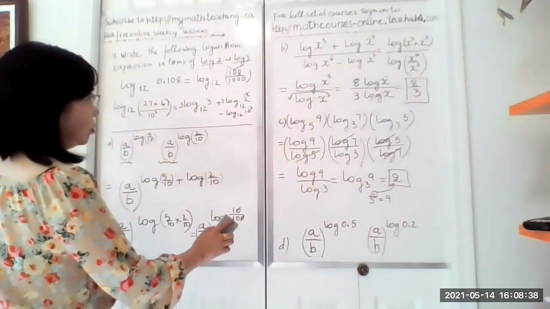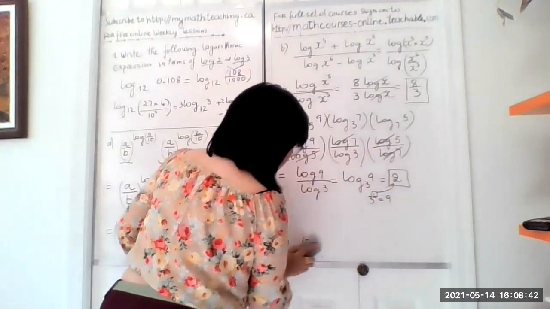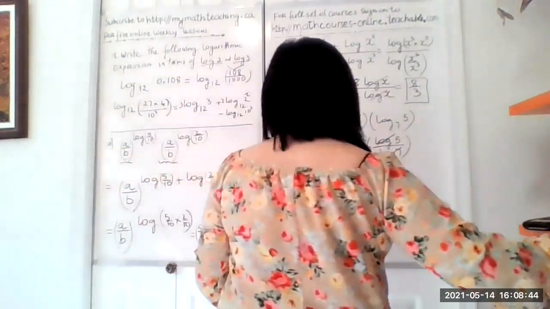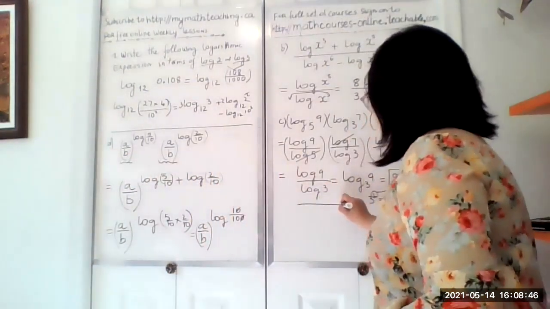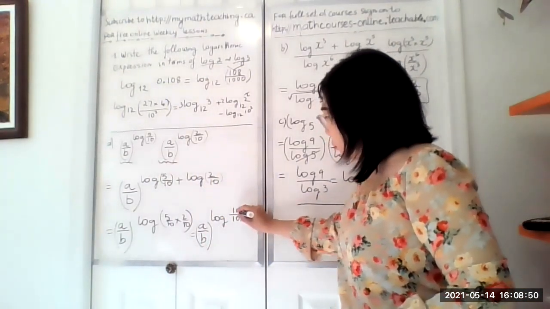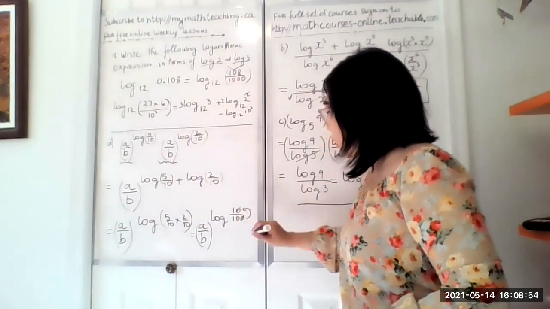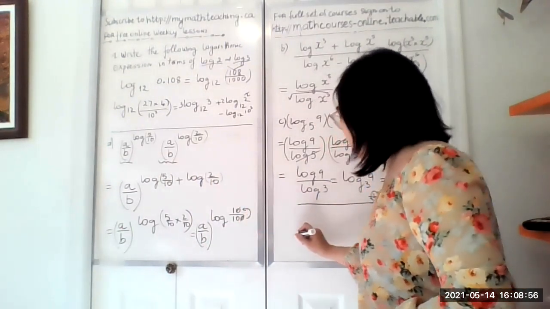I am going to have to erase this to continue to have room. So now this number will be 1 over 10 because we cancel the 0. But we also can bring the 10 up here and change it to the negative power.